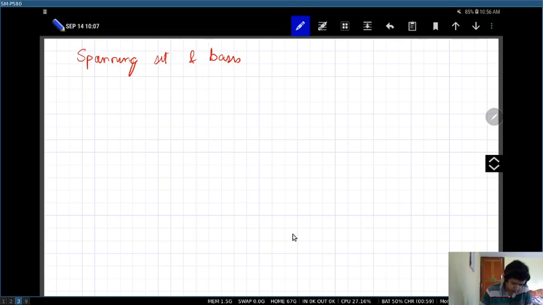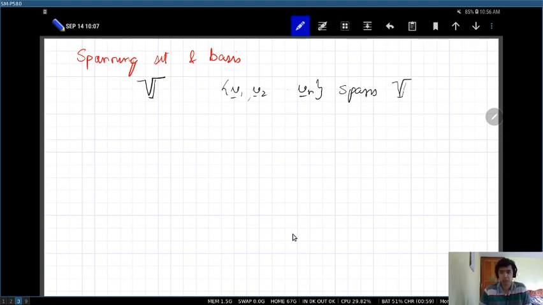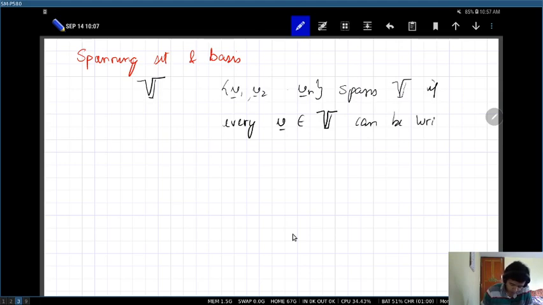Given a vector space capital V, we say that a set of vectors v1, v2, up to vn spans V, or this set is said to be a spanning set of capital V, if every vector in the vector space can be written as V equal to alpha 1 v1 plus alpha 2 v2, and so on up to alpha n vn, for some coefficients alpha 1, alpha 2, up to alpha n.